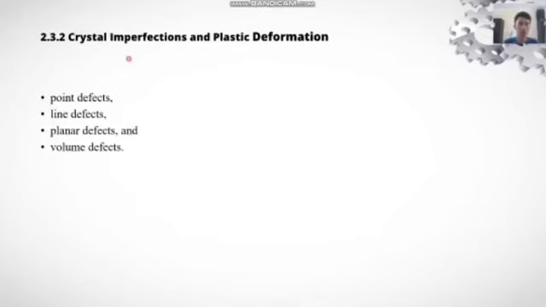2.3.2 Crystal imperfections and plastic deformation. Imperfections can be conveniently classified under four main divisions: point defects, line defects, planar defects, and volume defects.